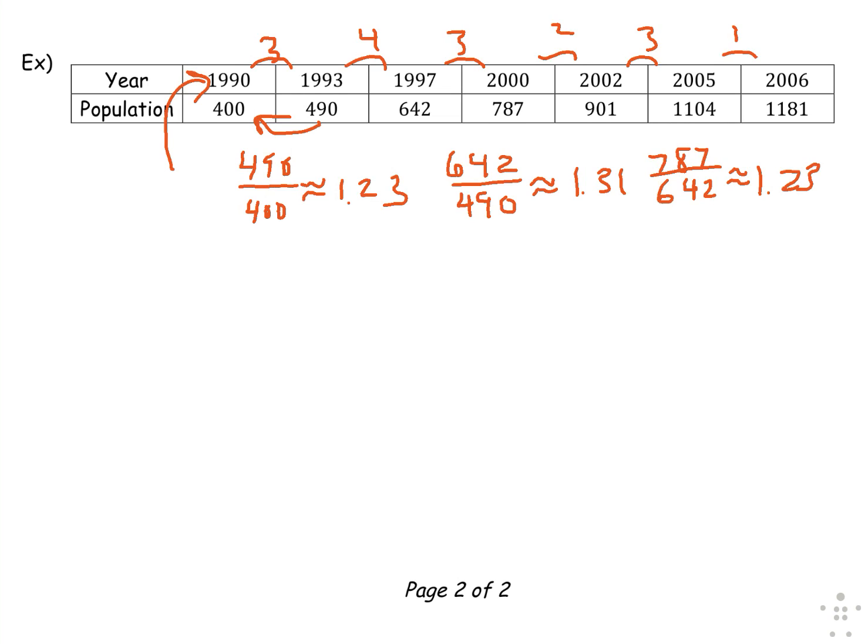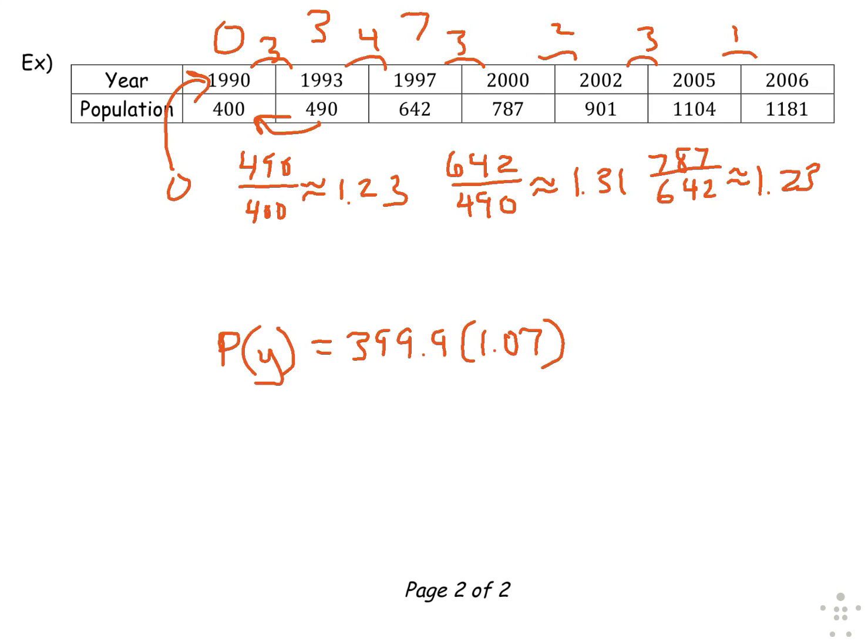Remember, when working with years, let's set 1990 to year 0. So years since 1990 is how we'll read this. So 3 and 7, etc. I'm going to put those values into the calculator, and I get an exponential regression model. The population for year Y, and that's going to be for years since 1990, we get approximately 399.9 times the base of 1.07.